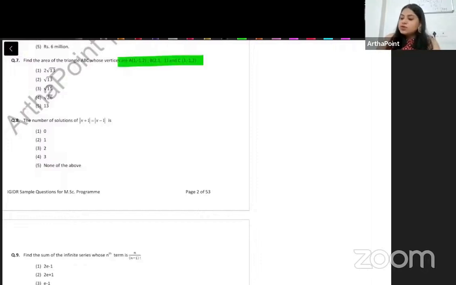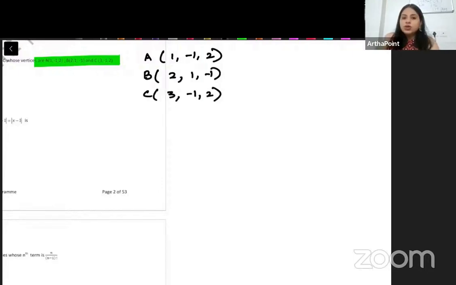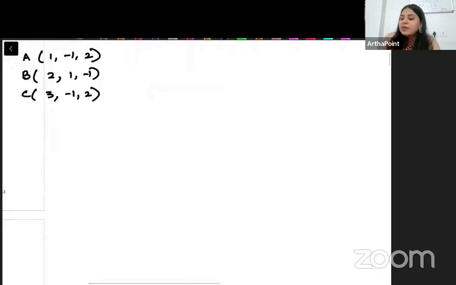So what you can do is, let us say that A has coordinates 1, -1, and 2. B is 2, 1, and -1. C is 3, -1, and 2. Now what you will do is, you will write AB as a vector.